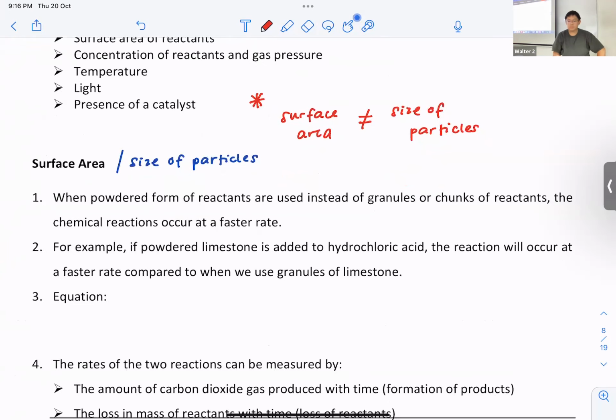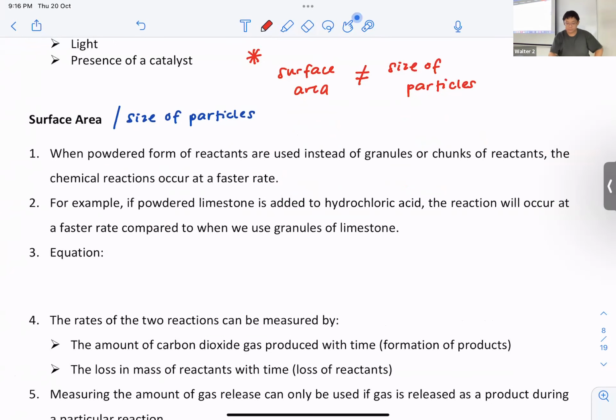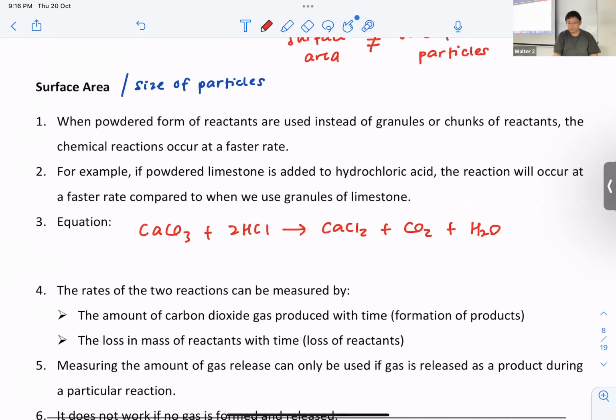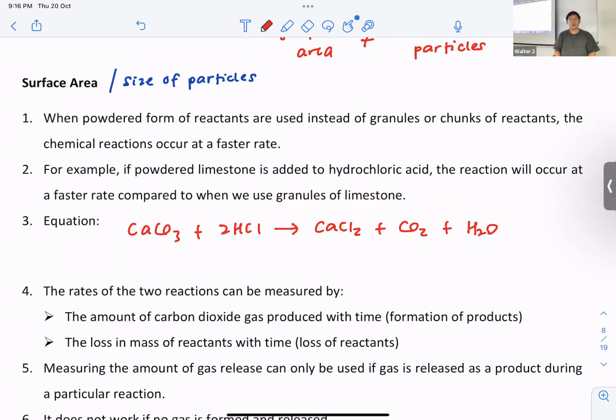Now, let's take one example, which is the same one as earlier, but we changed the substance a bit. Calcium carbonate reacts with hydrochloric acid to give you calcium chloride, carbon dioxide, and water. Okay, so limestone is also known as calcium carbonate.